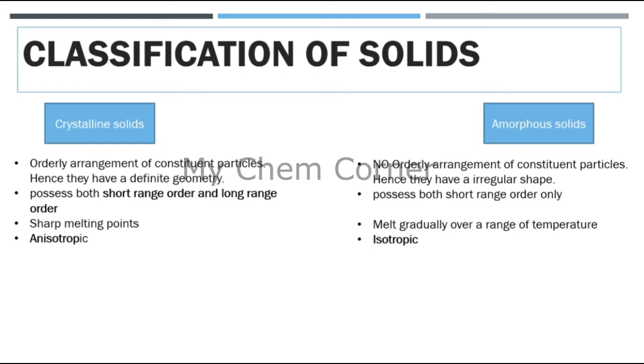Now when I look at an amorphous solid, it is going to be isotropic. Say, for example, I want to measure a physical quantity, which is the velocity of light.